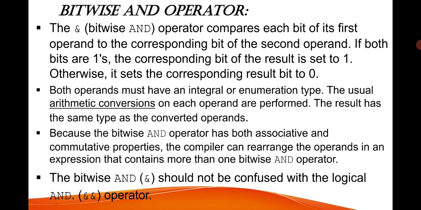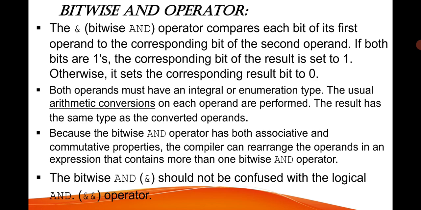Both operands must have an integral or enumeration type. The usual arithmetic conversions on each operand are performed. The result has the same type as the converted operands.